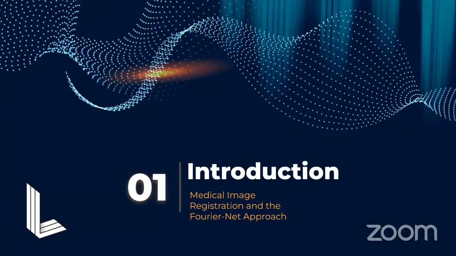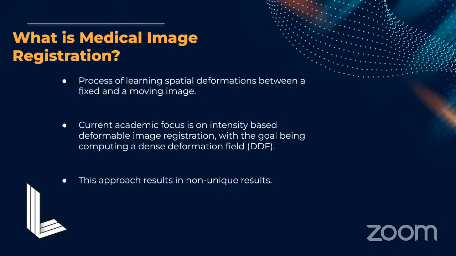Beginning with the introduction, the basis of this presentation is medical image registration, and we need to know what that is. Medical image registration is also known as medical fusion or medical image matching.